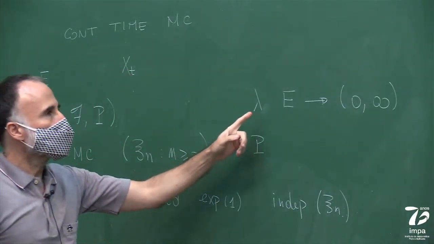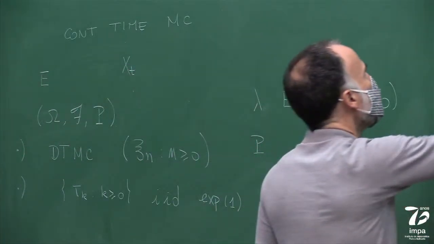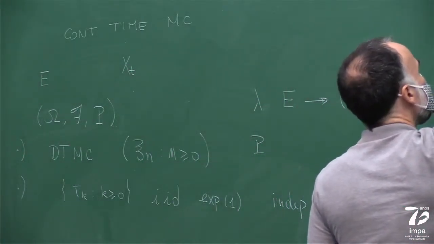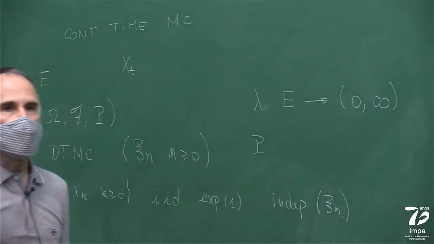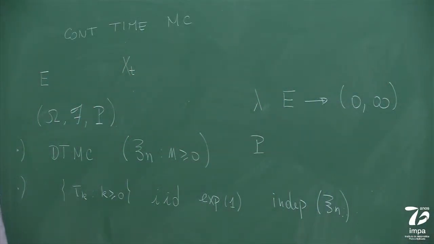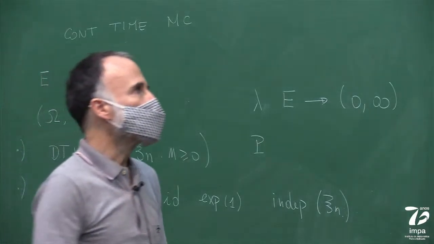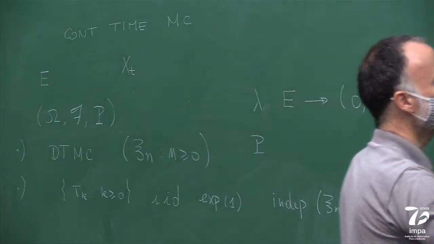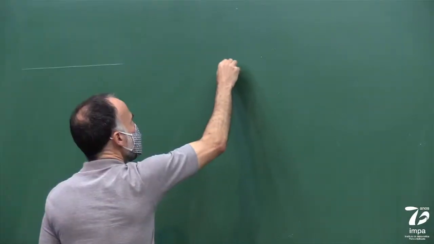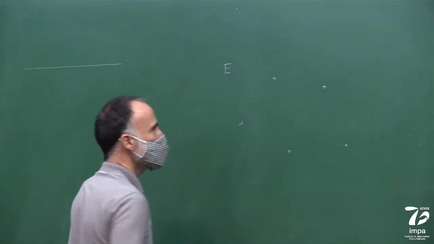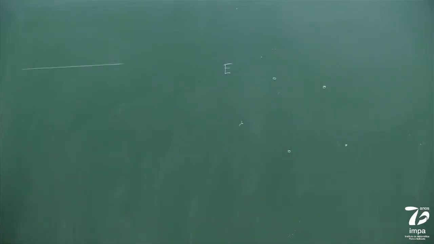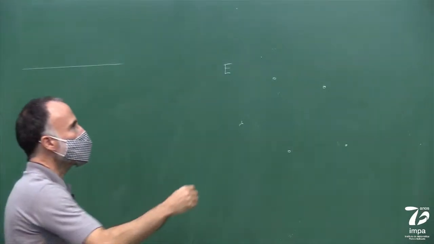So what will lambda and P represent? Well, lambda will be the parameter of the exponential time at which you remain in one state. So the idea is that you have your set E, composed by a finite number of points. So the process is the following.